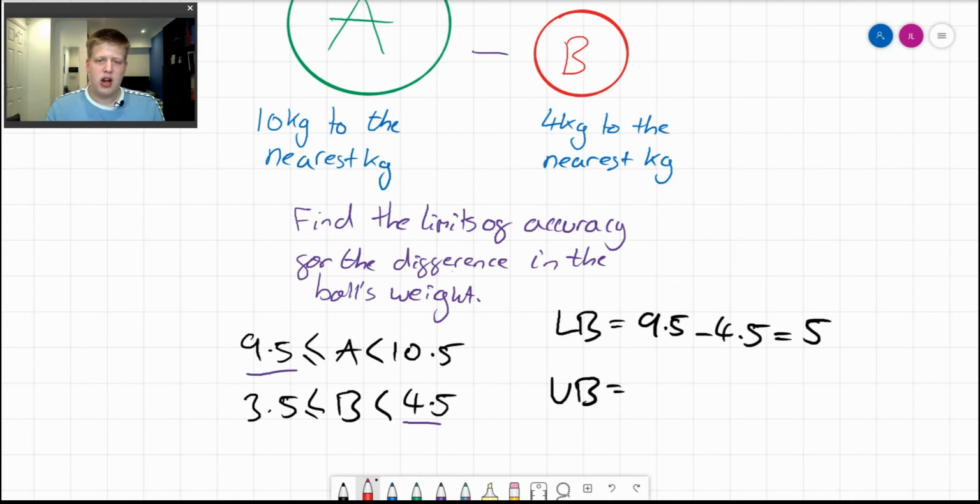Well, again, to make the largest difference, we're going to need the largest value of A possible, and we're going to need to take away the smallest amount. So we can see that we're going to need the upper bound of A and the lower bound of B. So that will look like 10.5 minus 3.5, which will give you 7. And now we have our upper and lower bounds.